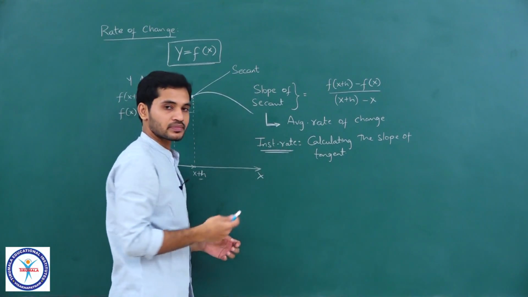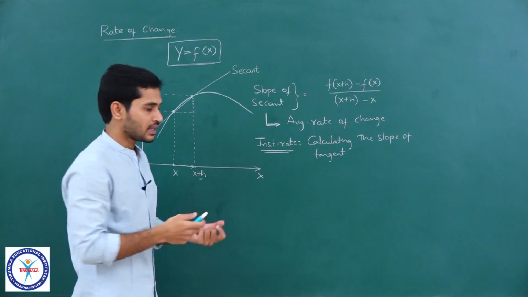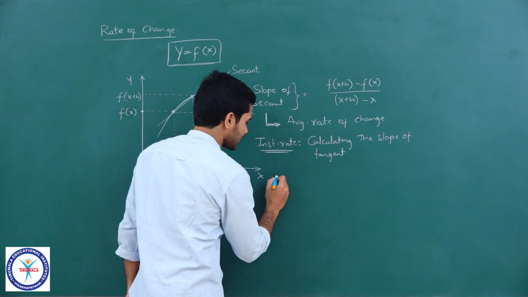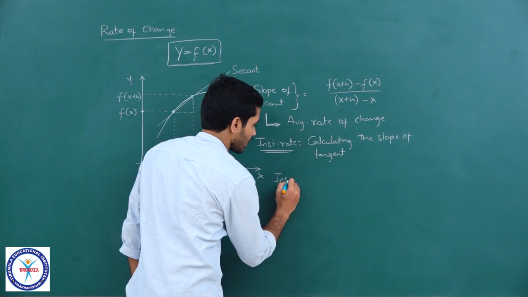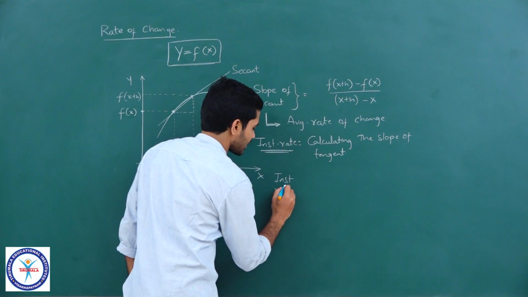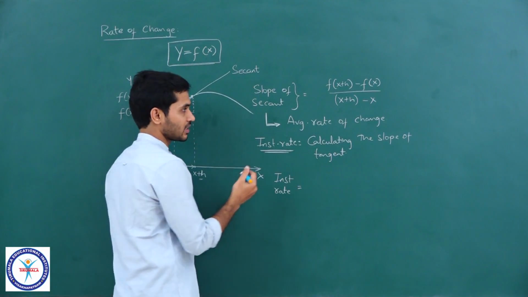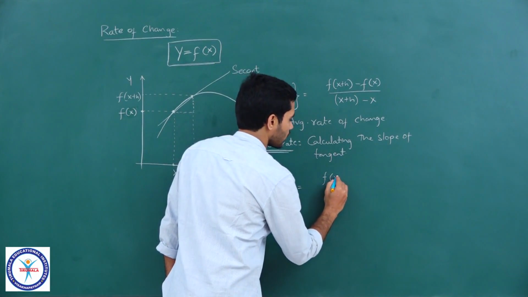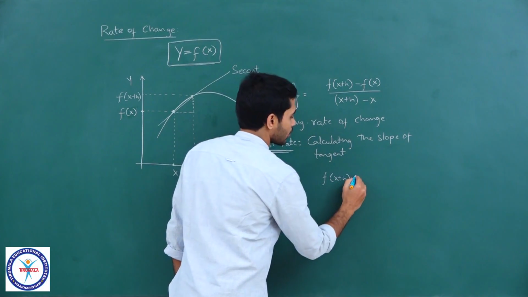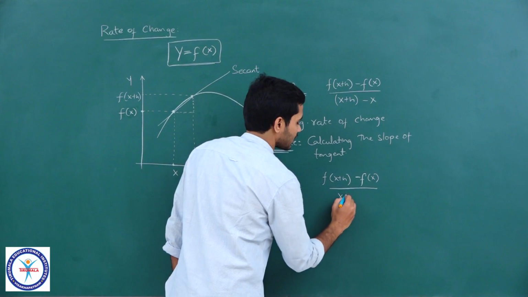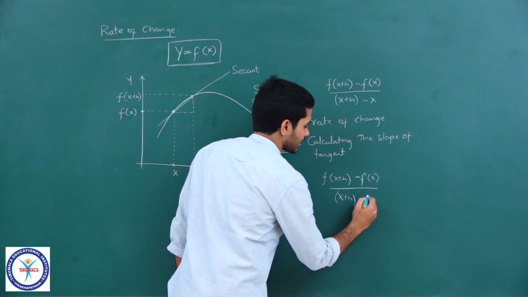That idea or that sentence can be expressed in a mathematical form, clear. I will write it down like this: instantaneous rate is equal to, which is nothing but slope of tangent, is nothing but f of x plus h minus f of x by x plus h minus x.